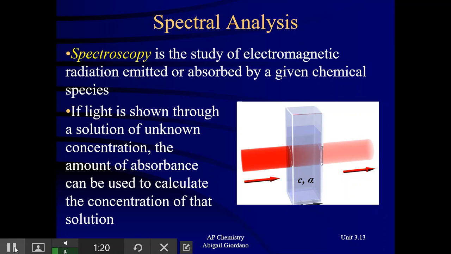And there's a detector. If we're looking at this picture here, there would be a detector on the right-hand side that would measure how much light got through that sample. And the amount of light that gets through gives us information about how concentrated that solution is.